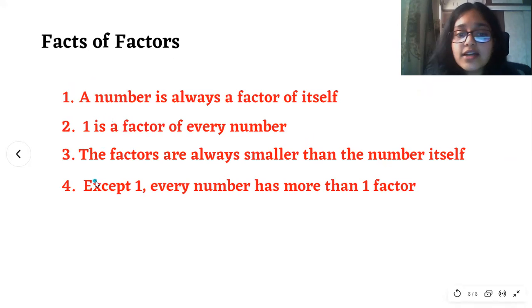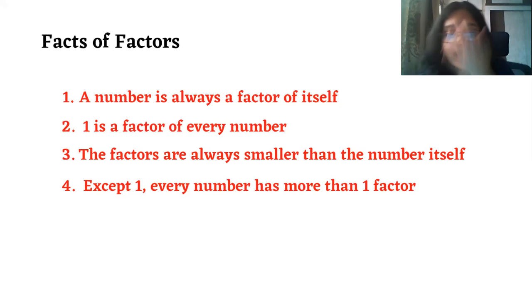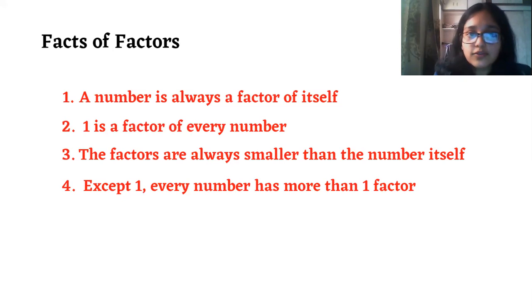Third, the factors are always smaller than the number itself, or they can also be equal to the number itself. For example, in this case 30: all the numbers were smaller than 30, and there was also 30 itself. Fourth, except for 1, all numbers have more than one factor.